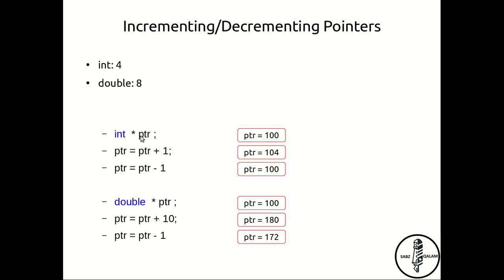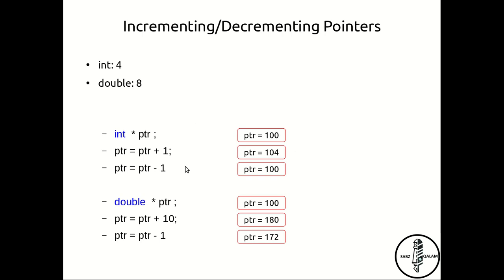So when a pointer is made to point to an integer type variable, and let's say you initialize it to memory location 100, as was in the previous example, when I increment it, the operating system knows that you are trying to access an integer type variable next to this location. So because the size of an integer type variable is 4 bytes, the next variable is supposed to be present at 100 plus 4, 104.